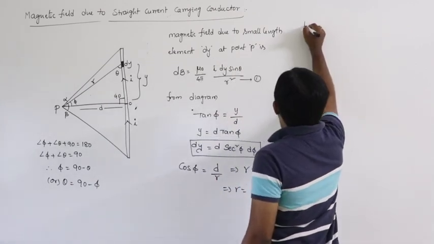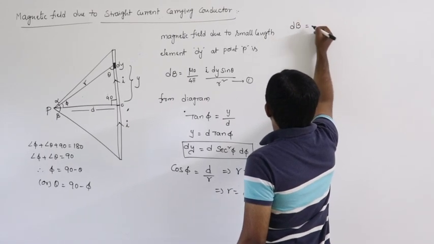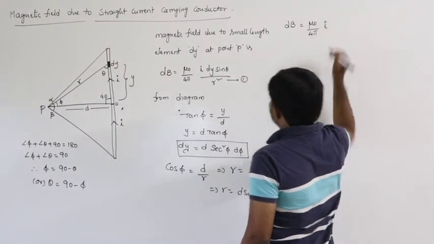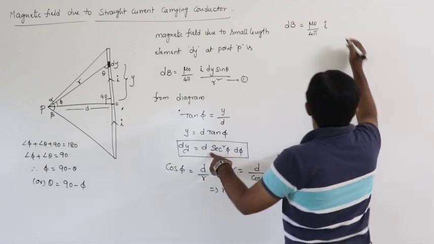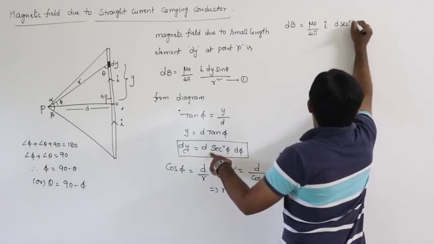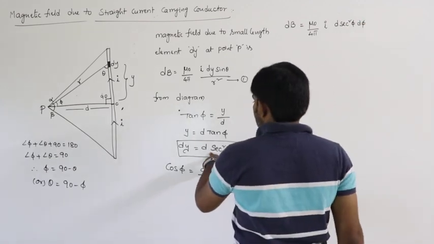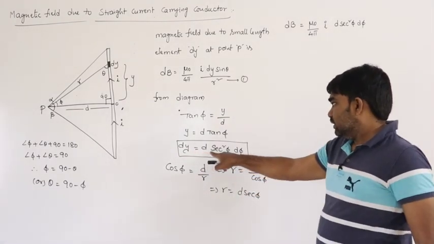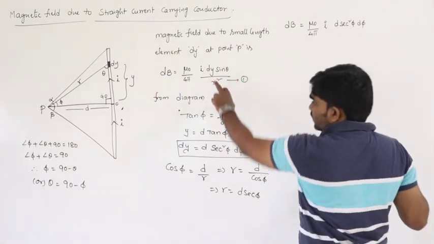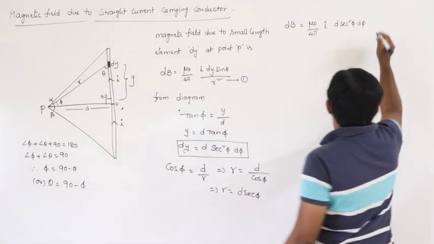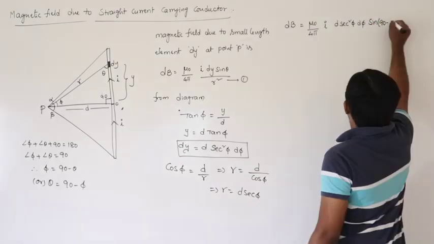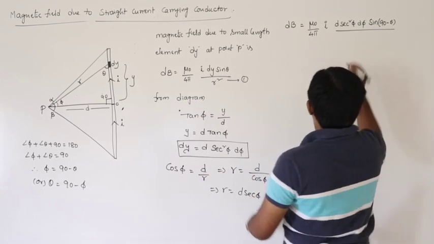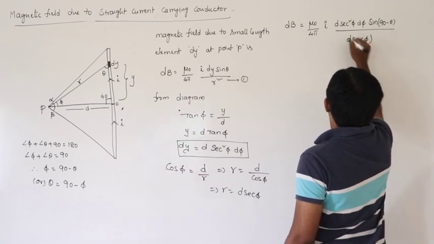So the magnetic field dB can be written as μ0 by 4π I dy, and in place of dy I substitute d sec² φ dφ. Next, in place of θ we substitute 90 minus φ, so sin θ becomes sin of 90 minus φ, divided by r², where r is d sec φ, whole square.